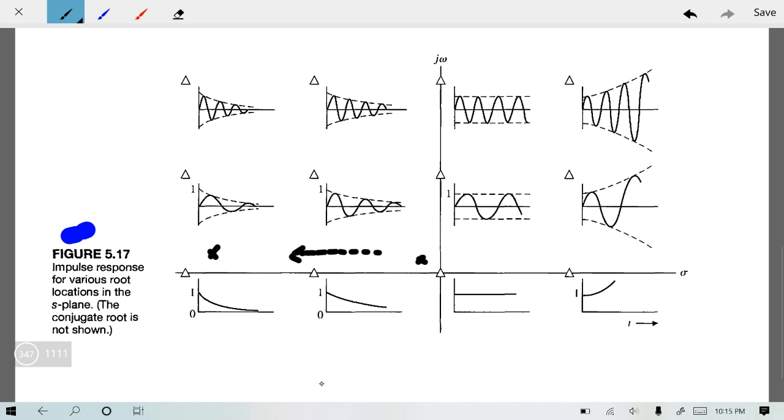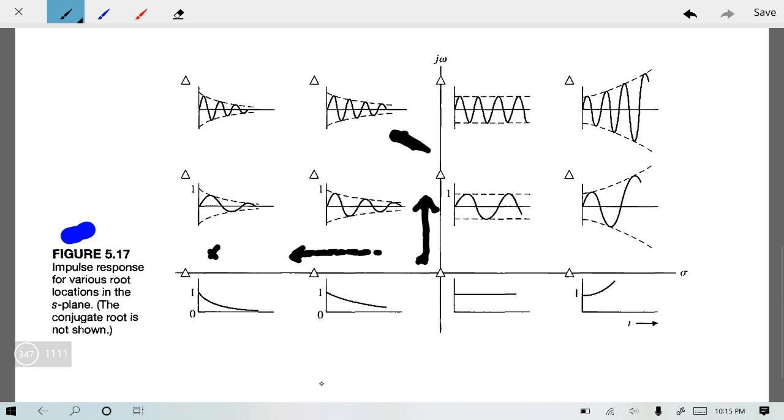And if you move from the origin to the top, in the direction of the j omega axis, you can see that the ripples increase.